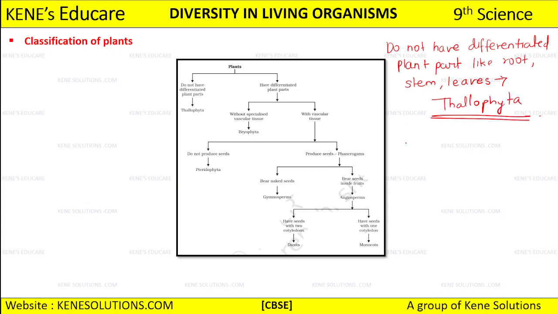Now the one who is having differentiated plant part, ठीक है, जिसके पास differentiated plant part है, now some of them are going to have Bryophyta is the one. Okay, Bryophyta क्या है? Who is not having any specialized vascular tissue.